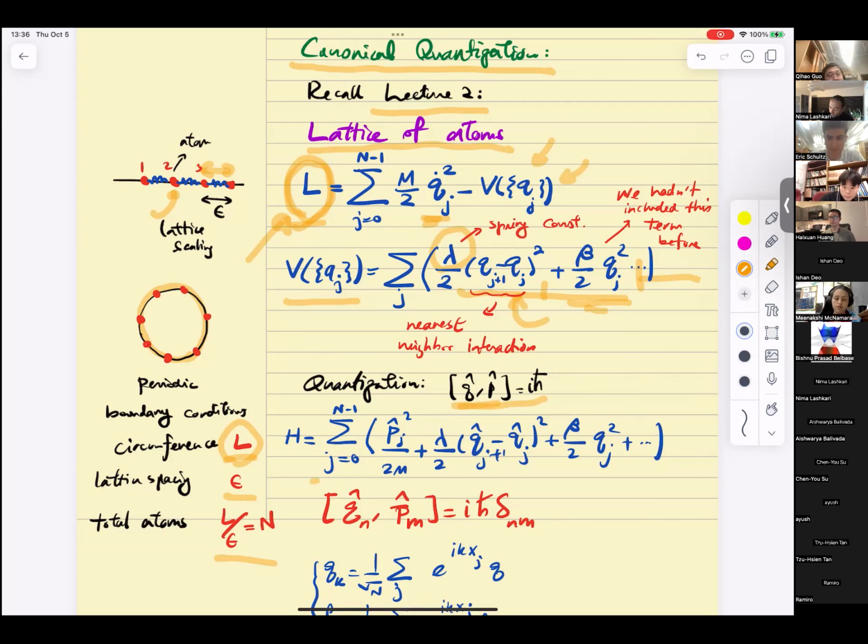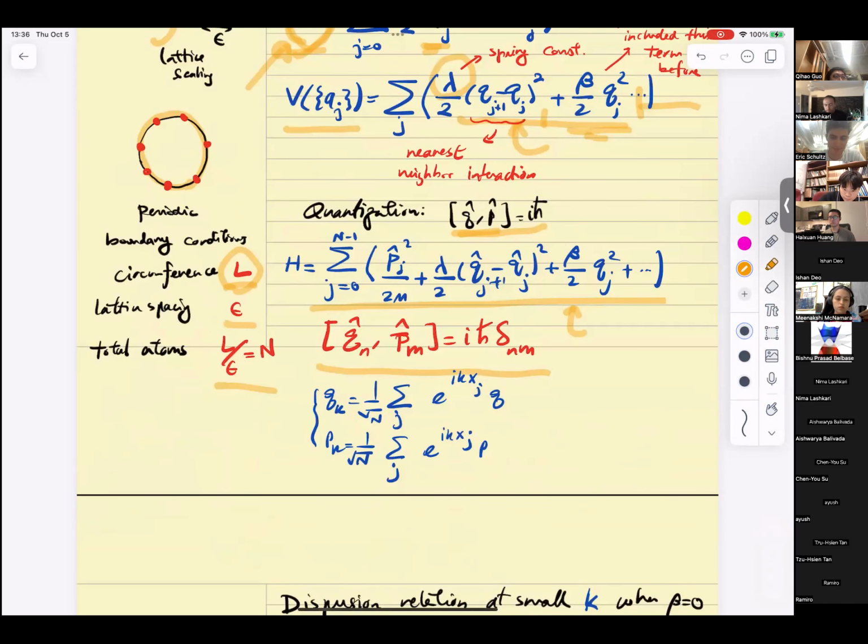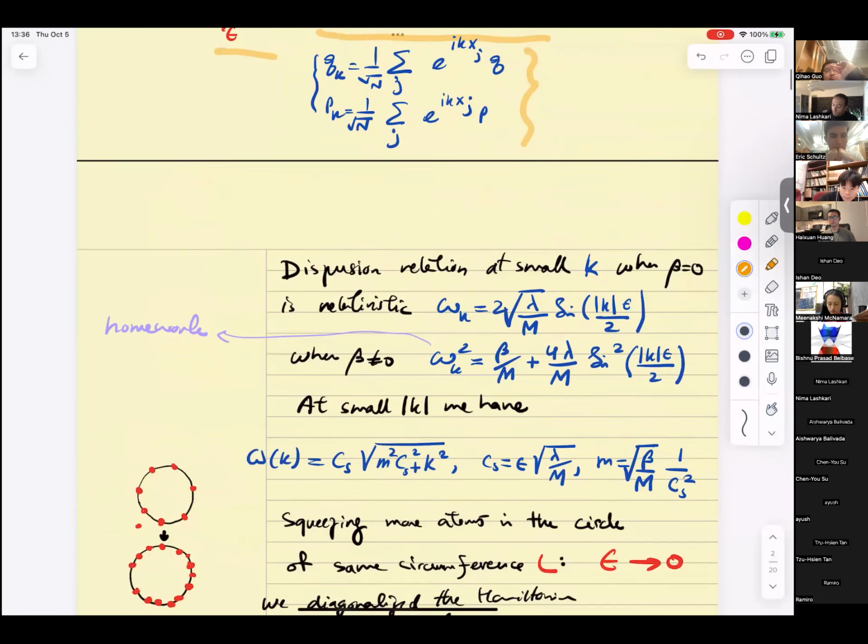So we did that in lecture 2, and this is the form that we find, right? q dot here becomes the canonical conjugate momentum. So this is the Hamiltonian you're dealing with, and these are your commutation relations. The way we solved this Hamiltonian model was by Fourier transform, because it's Gaussian. So we performed the Fourier transform, and then we solved the model.